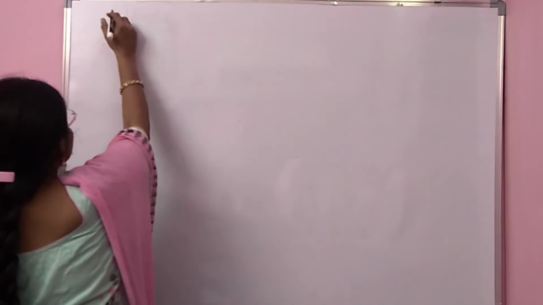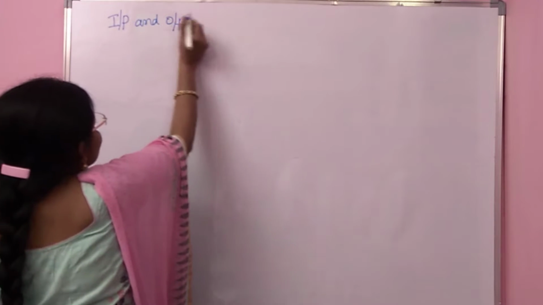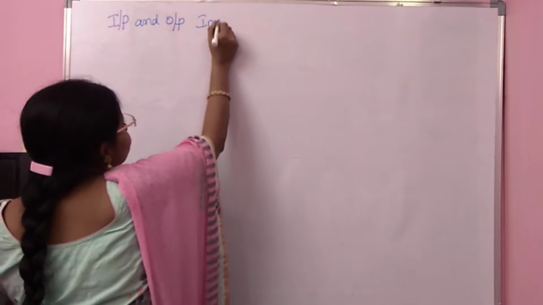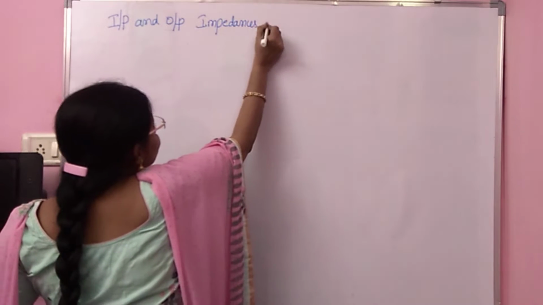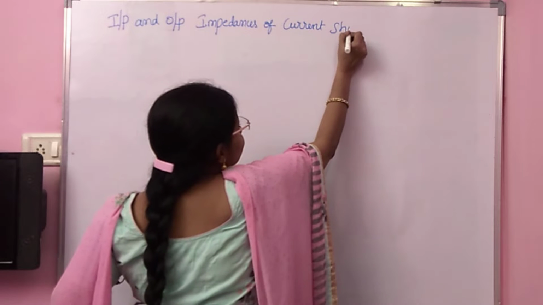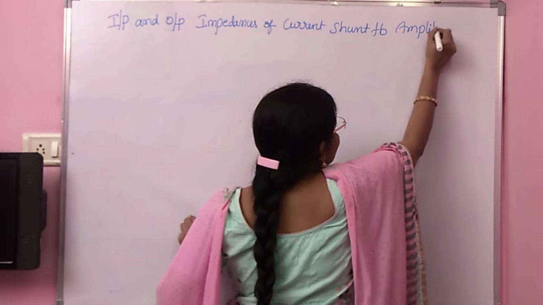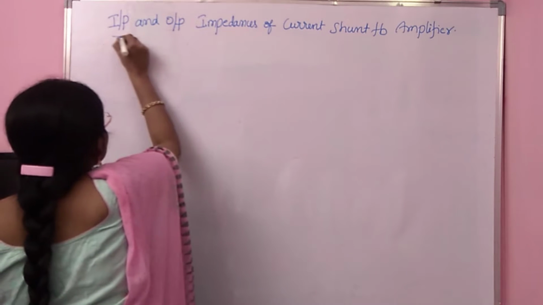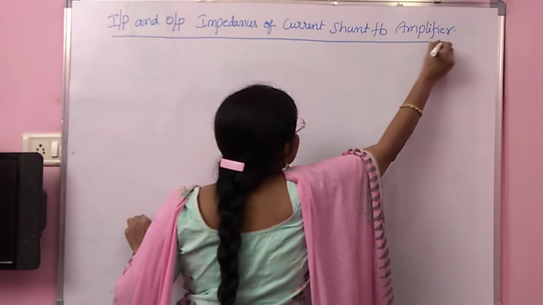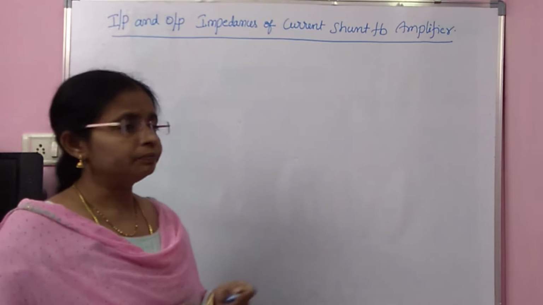This is about the input and output impedances of the current shunt feedback amplifier. First, we'll draw the block diagram of the current shunt feedback amplifier.